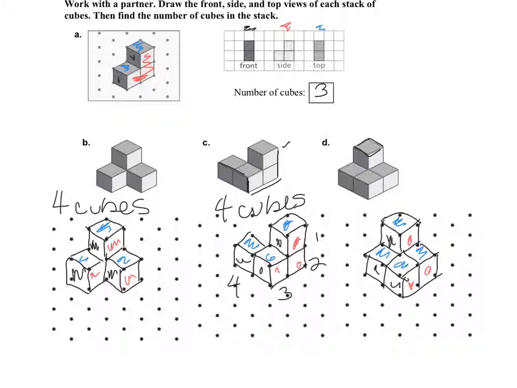So if we count, we can see that there are 1, 2, 3, 4, but this back one is suspended in the air, so we know that there must be something holding it up. So there is a 5th cube, so there are 5 cubes.